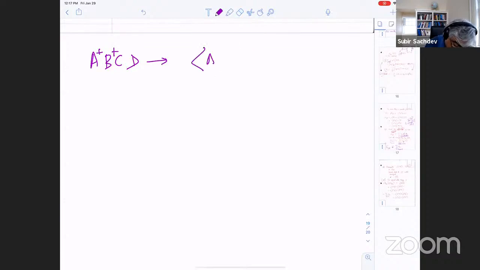So it's A dagger C, B dagger D, minus the same thing again, but with the expectation value on the other term.